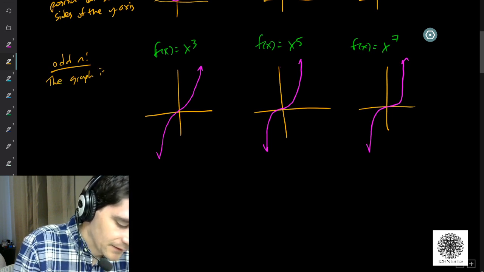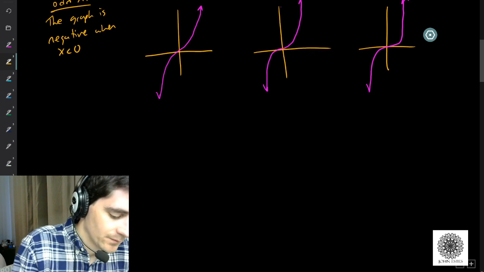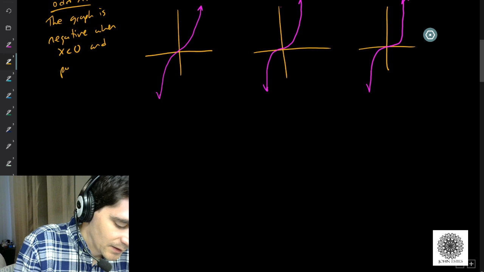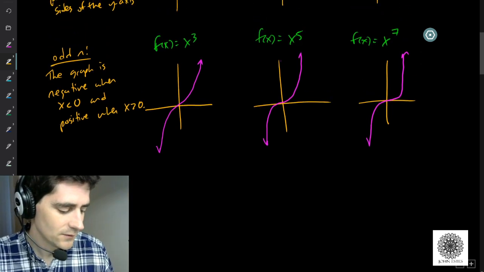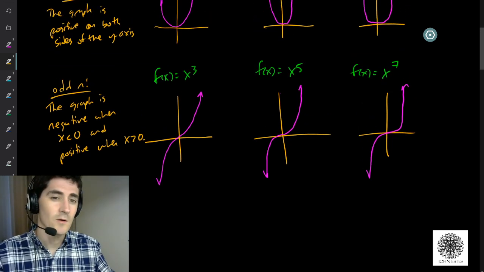So we say the graph is negative when x is negative, and positive when x is positive.